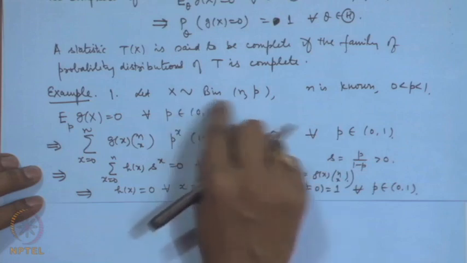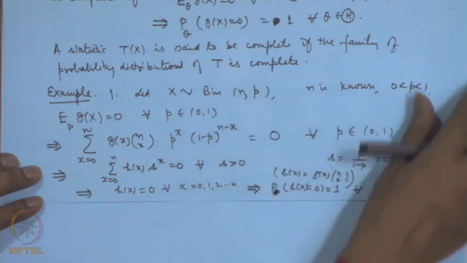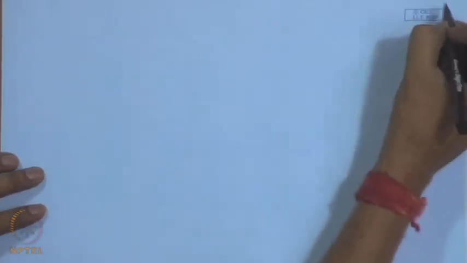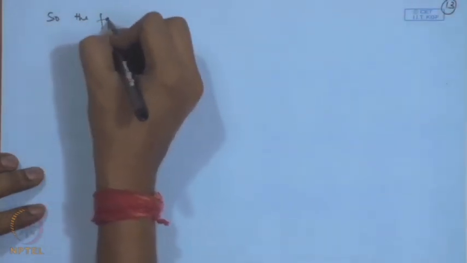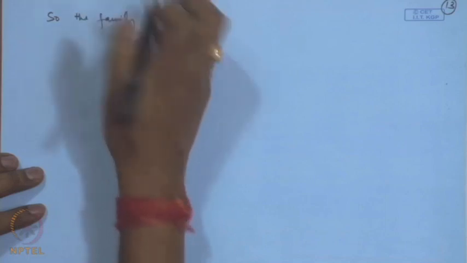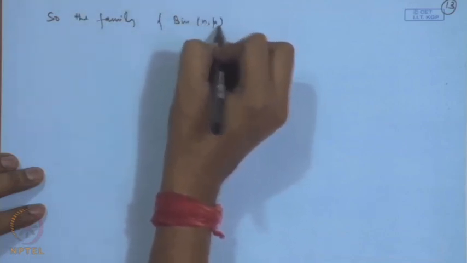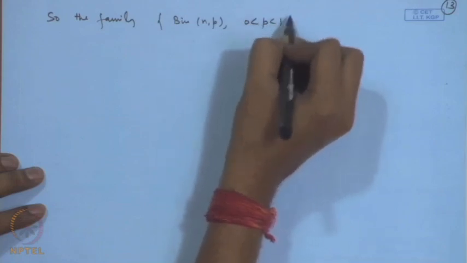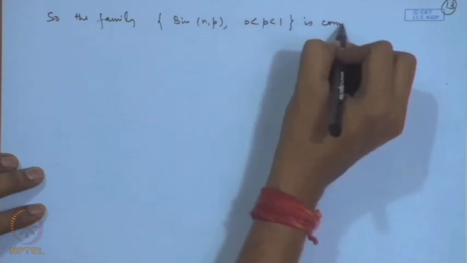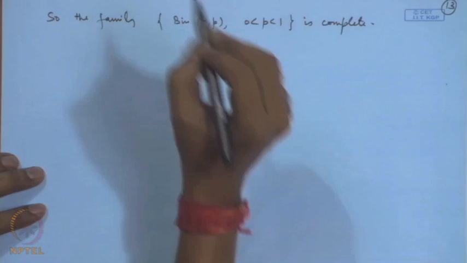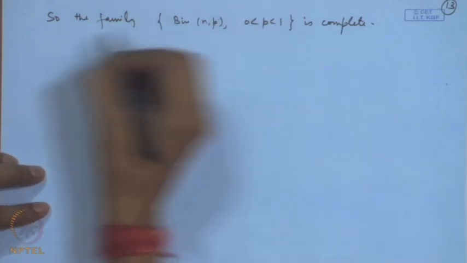So, the family of binomial distributions (n, p), where p lies between 0 and 1, is complete, or we can say here X is a complete statistic.